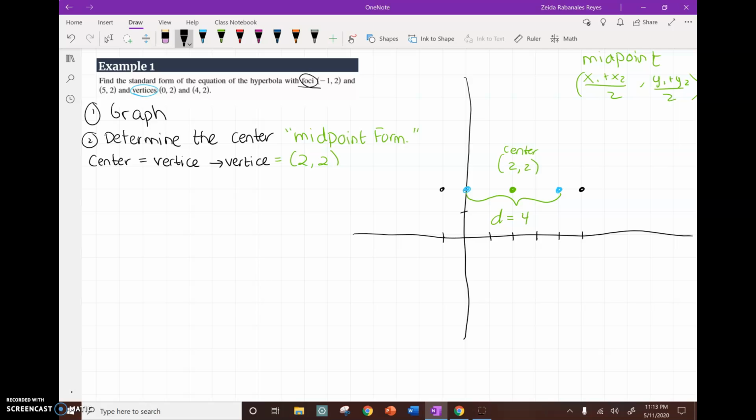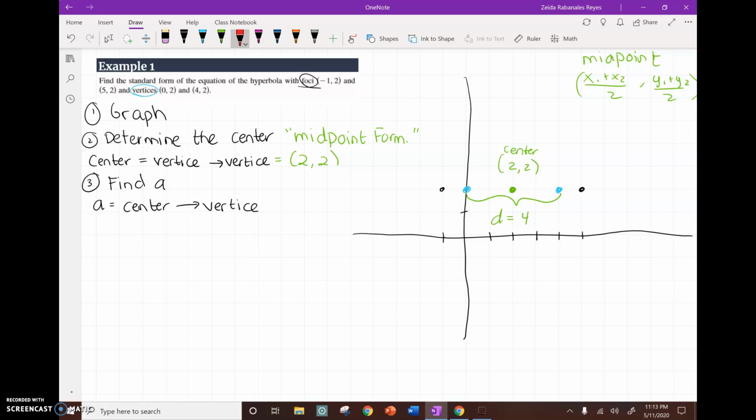Step 3, we're going to determine A. By finding A, I need to find the distance from the center to a vertice.